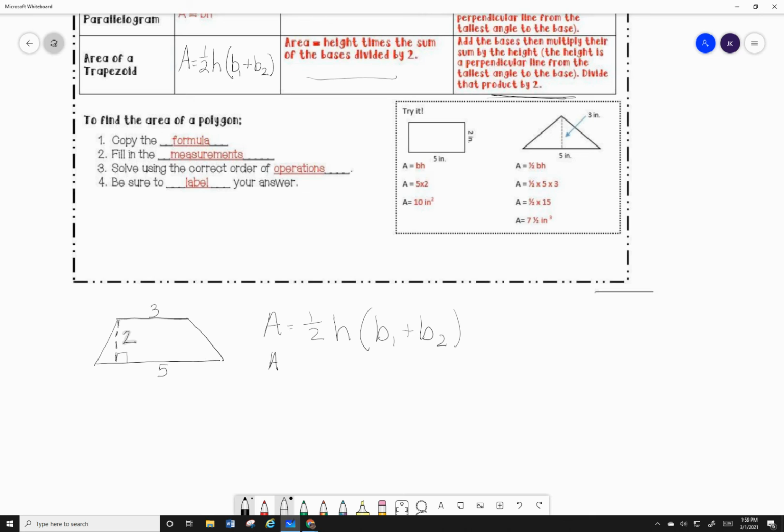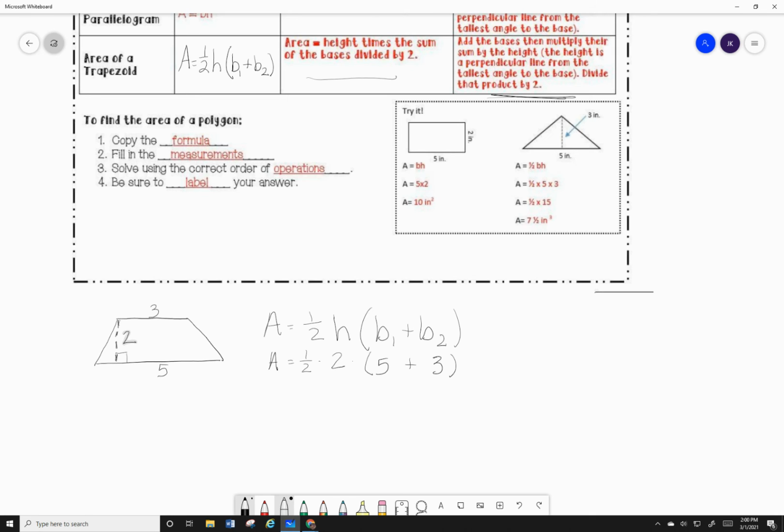So we're going to rewrite the formula. Area equals 1/2 height, which is 2. We're going to multiply those times base 1, 5, plus base 2, 3. And now we're going to solve using order of operations. So I know that in order of operations, we have the phrase, please excuse my dear Aunt Sally. And that P means parentheses.